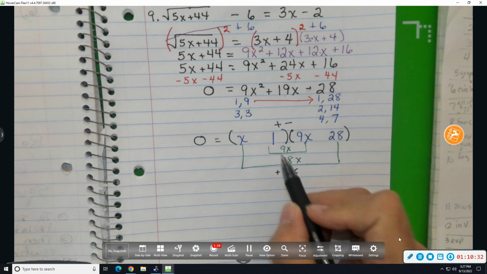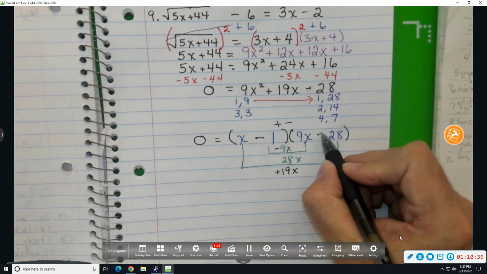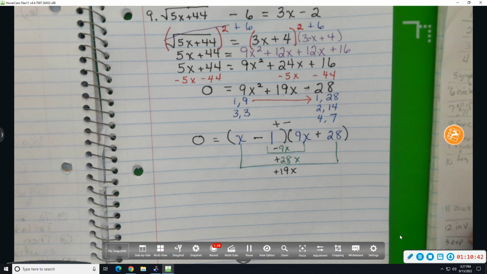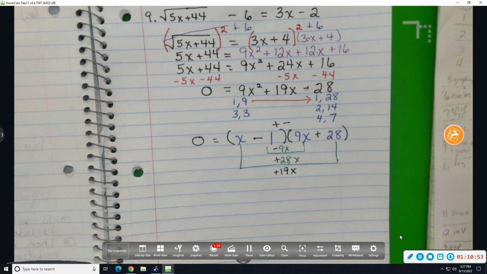Minus 1 plus 28. Okay, like that. So we'd have a negative 9x and a plus 28x. I'm agreeing with that. It's a matter of how fast you notice that. On tests, at least on tests there's no time limit.